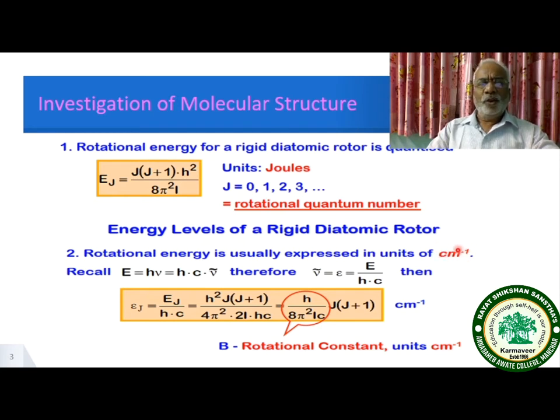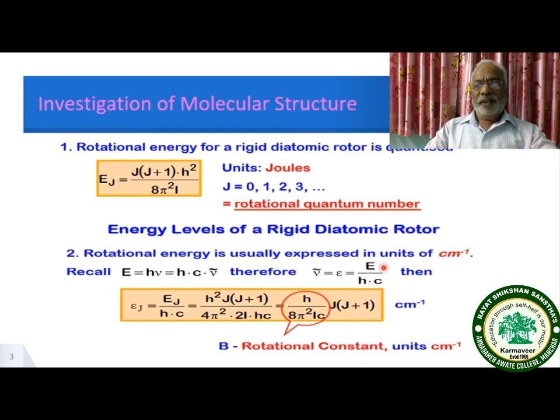And how the value in centimeter inverse of the rotational energy is evaluated, that we consider here. So this is considered as epsilon. Epsilon is the rotational energy in centimeter inverse, and it is evaluated by dividing this energy in joules by Planck's constant and the velocity of light.